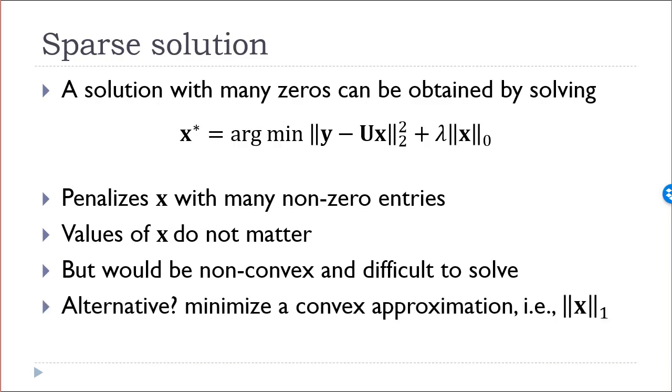An alternative that has been widely used is to instead consider a convex approximation of the L0 norm. Now recall that LP norm balls for p less than 1 are not convex, but we can see that they can be approximated with the L1 norm ball. So instead of using L0 norm penalty, the closest approximation which is convex that we can make is the L1 norm penalty.